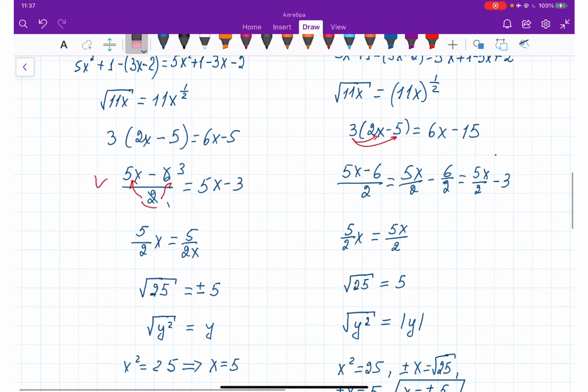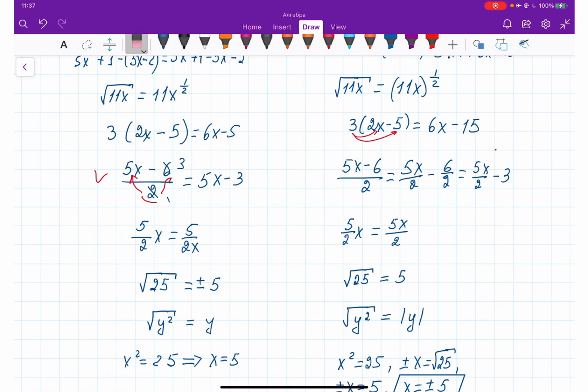Next one, 5 over 2x. This is also a common mistake I have seen so many times. 5 over 2x means 5 over 2 times x.